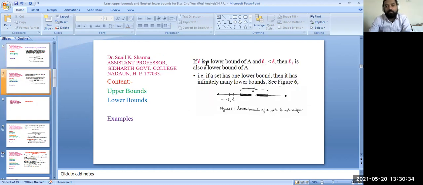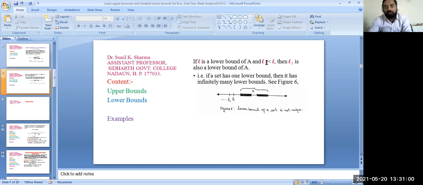If L is a lower bound of A and there is another real number L1 which is less than L, then L1 is also a lower bound of A. In upper bounds we discussed that if U1 is greater than U, then U1 is an upper bound. If U2 is greater than U, U2 is also an upper bound, and similarly we can find infinitely many upper bounds.